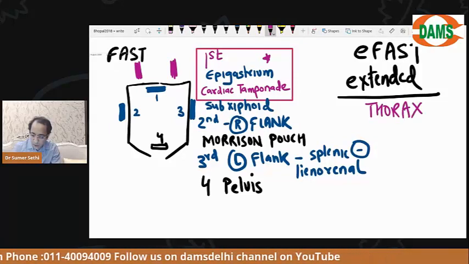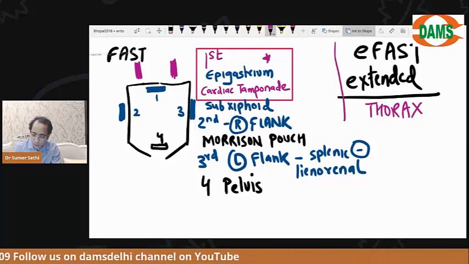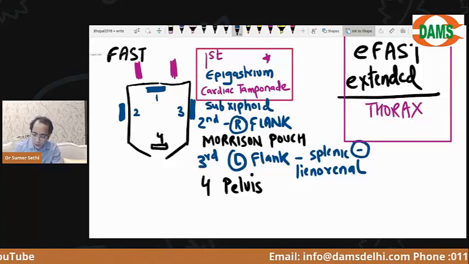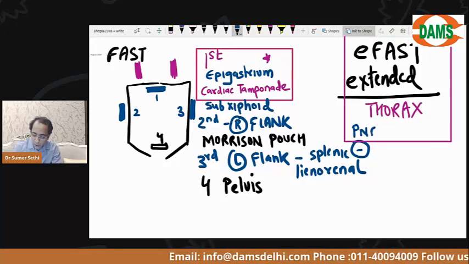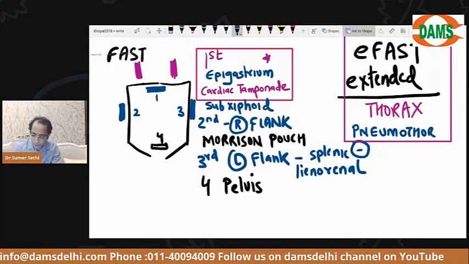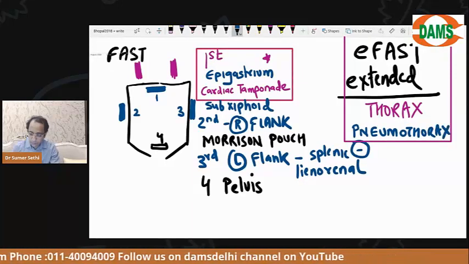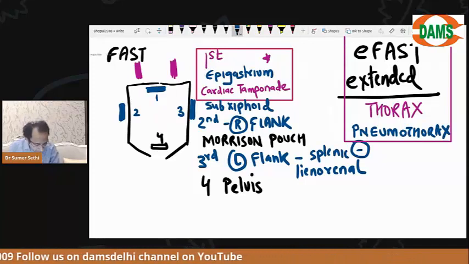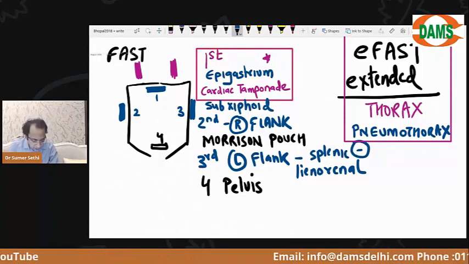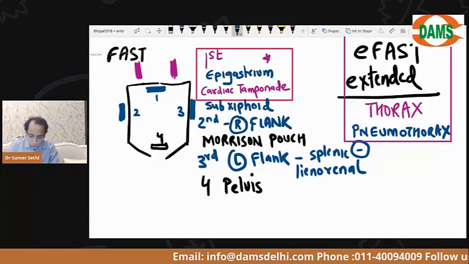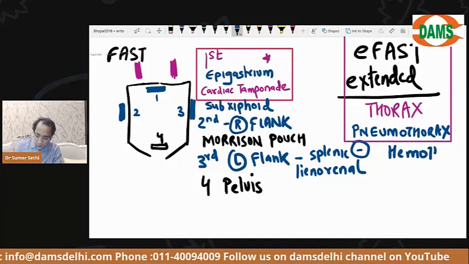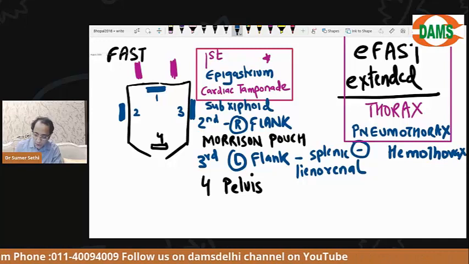So in extended FAST, you also evaluate for thoracic trauma, including things like pneumothorax and hemothorax. Extended FAST means that we will also look at the thoracic evaluation to assess for blood in the thorax as well as air in the thorax in a patient with trauma.